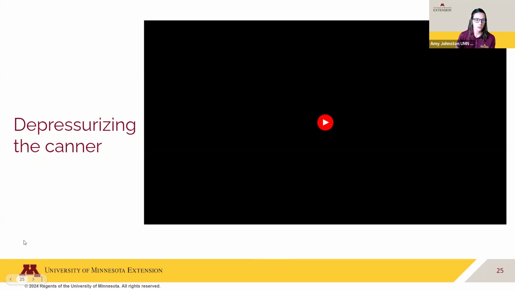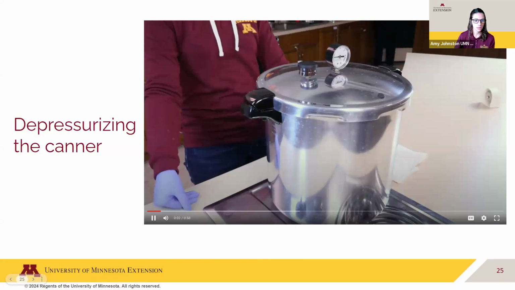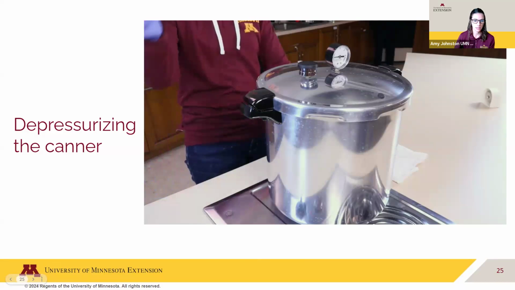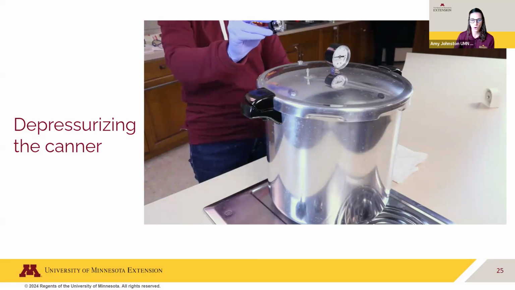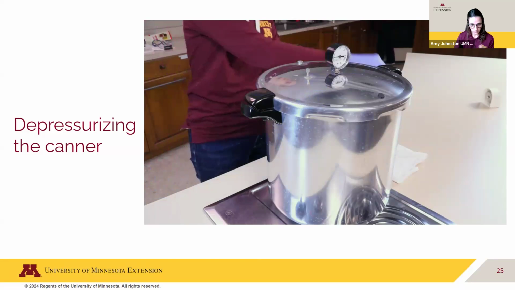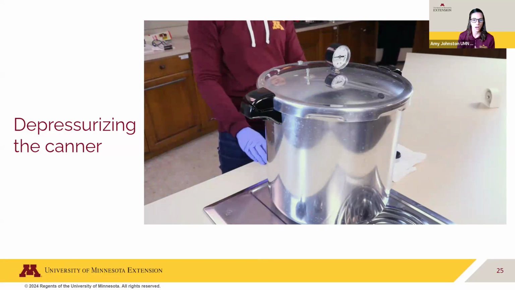So once our potatoes are done processing and we've turned off the heat, it's really important to not immediately open the canner. This is both for food safety and for your own safety. The pressure canner needs to depressurize.